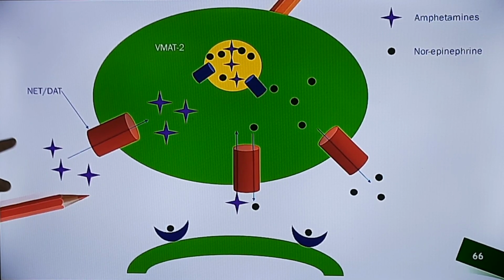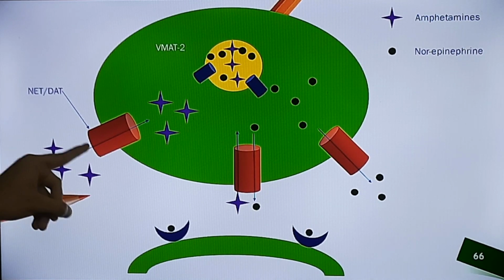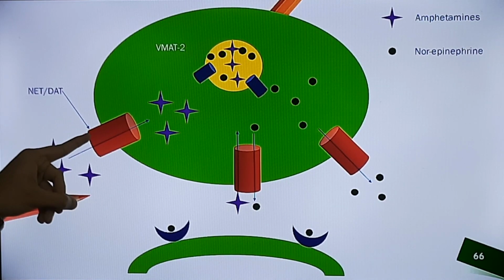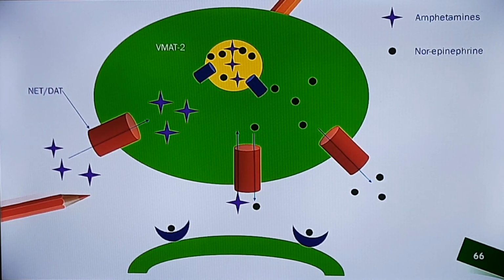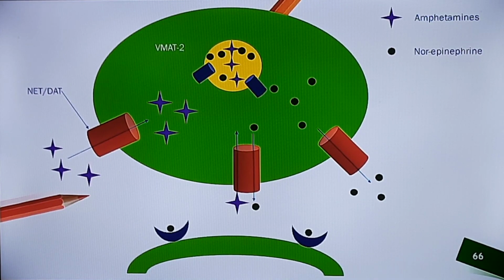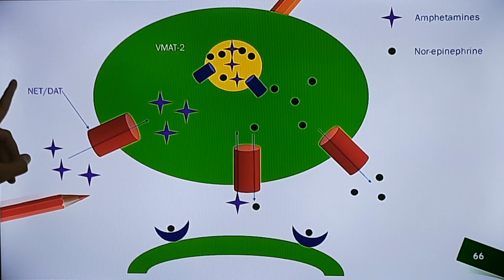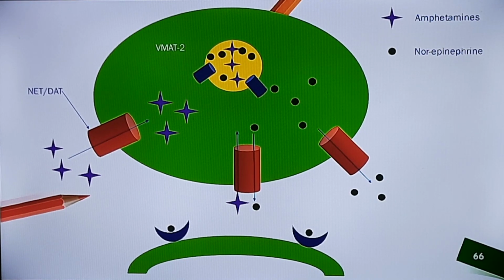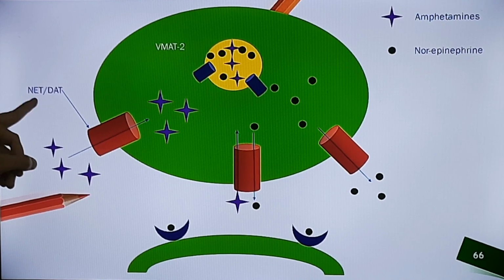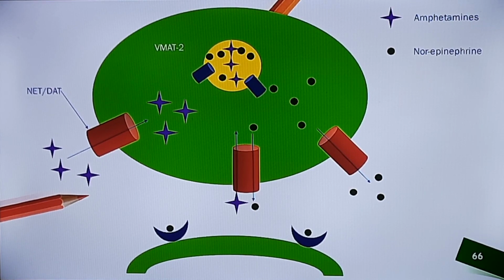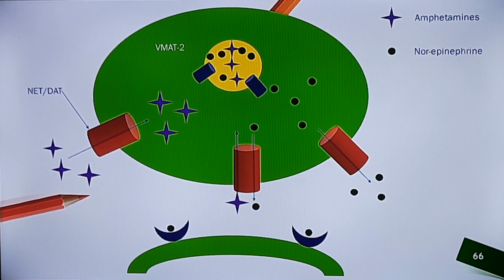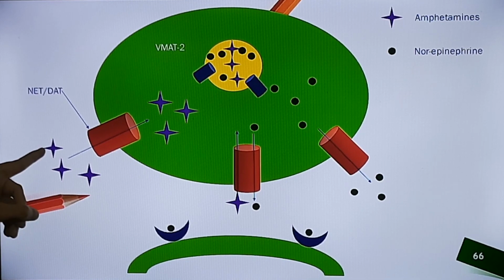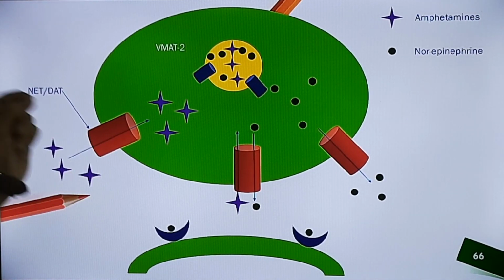This amphetamine uses this particular transporter. If this nerve ending is releasing norepinephrine, it will have the norepinephrine transporter. If this nerve ending were dopaminergic, that means releasing dopamine, then the transporter there will be the dopamine transporter. So depending upon which neuron is there, this particular amphetamine will enter into our nerve ending.